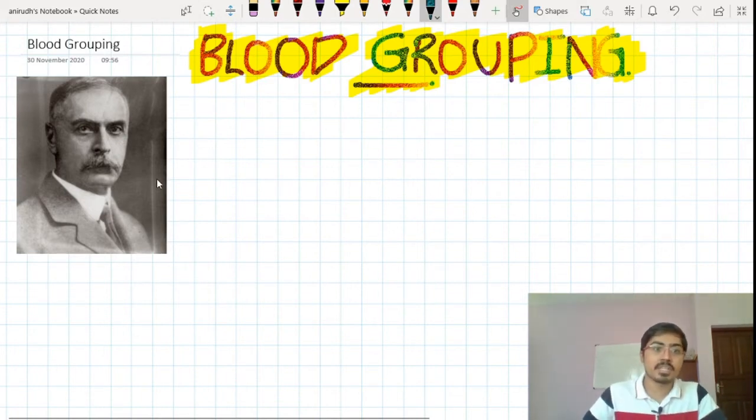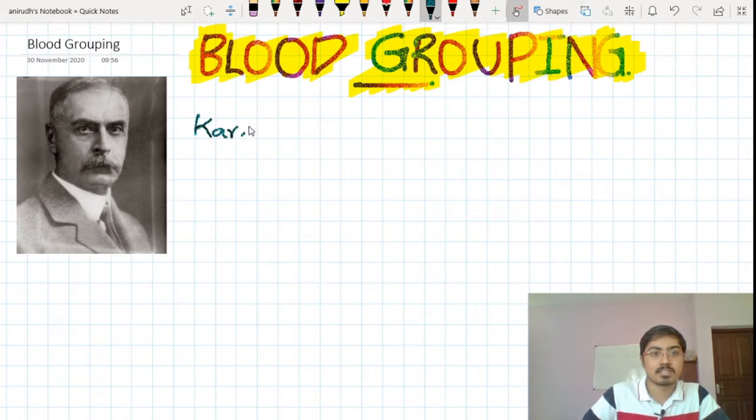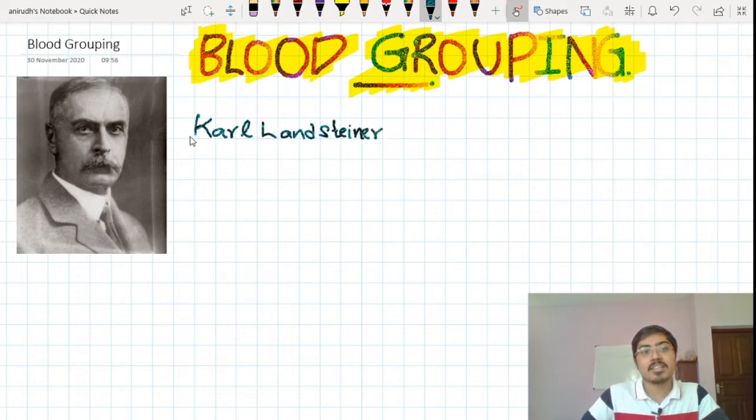Now see, this is Karl Landsteiner, and he was an Austrian biologist, and he is the first person to devise a method for grouping blood. Maybe because people used to require blood because of an accident or a trauma, and without matching the blood, if you try to instill the blood, the patient can even die.